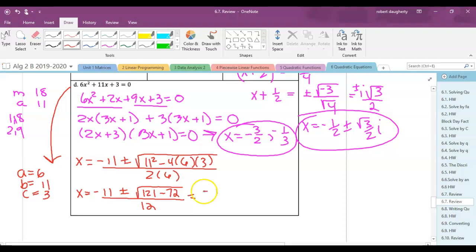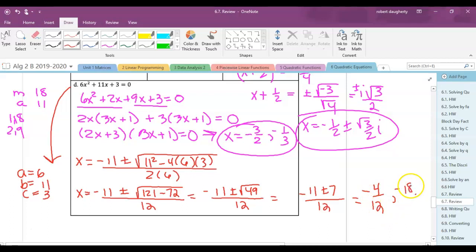So this is negative 11 plus or minus the square root of 49 over 12. That's negative 11 plus or minus 7 over 12. So if I take the plus sign, it's negative 4 over 12. If I take the negative sign, it's negative 18 over 12.